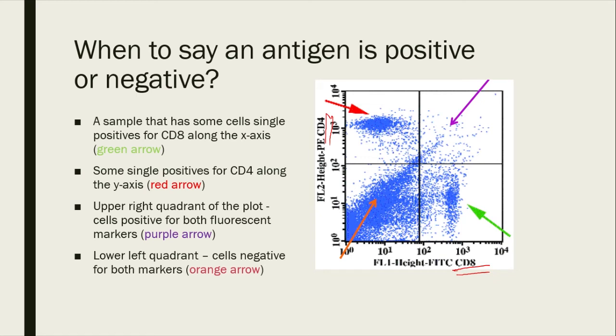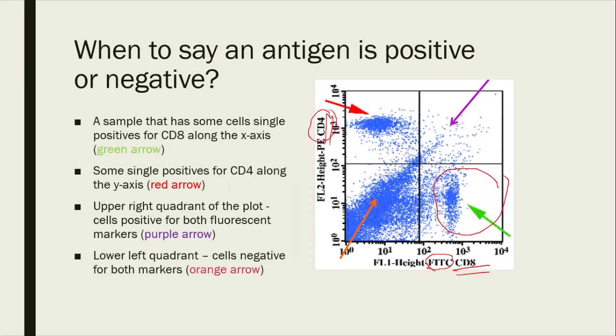The green arrow is pointing at a population that is positive for CD8, because we put in a CD8 specific antibody that is linked to FITC, which is a green type of fluorescent molecule. So it's telling you, hey, there's a good amount of cells carrying CD8. And the red arrow here is looking at cells that only carry CD4.